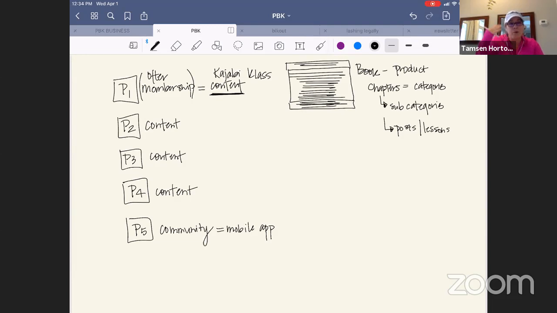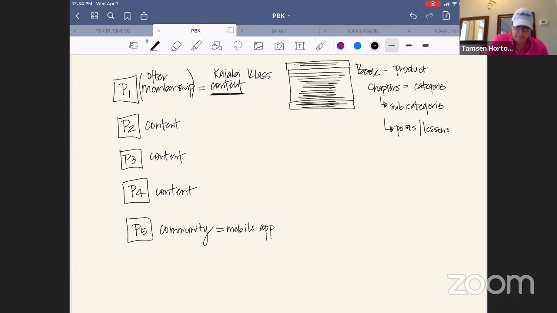When it is a product-based membership, that's saying I am building one massive book, okay? Big old book. And if I want to move that from bag to bag, that whole thing is going together.